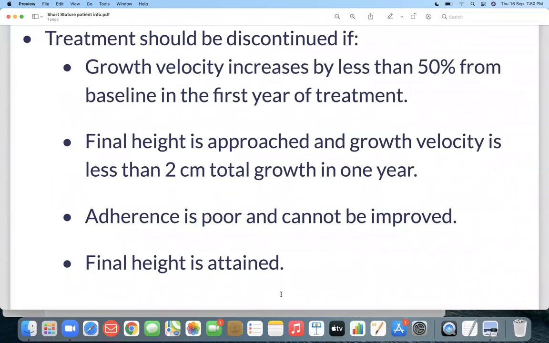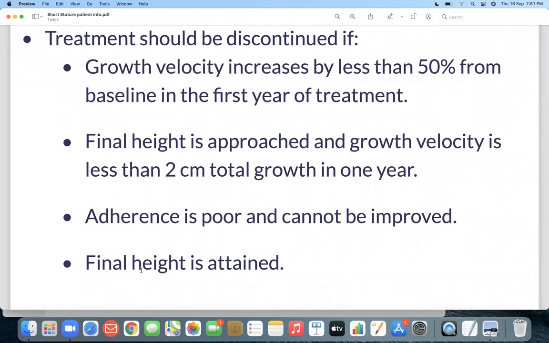Treatment should be discontinued if growth velocity increases by less than 50% from the baseline in the first year of treatment. Final height approached and growth velocity is less than 2 centimeters total growth in 1 year. That means if less than 2 centimeters overall growth in 1 year, I think there is no effect, so it has to be discontinued. Adherence is poor and cannot be improved.